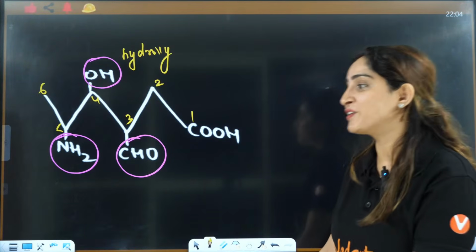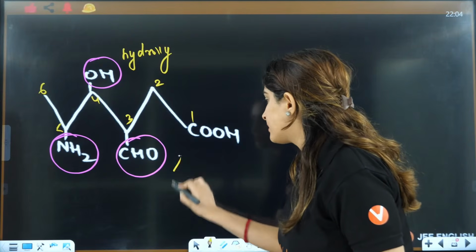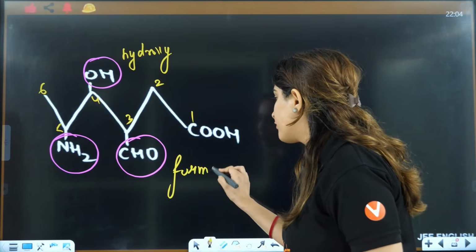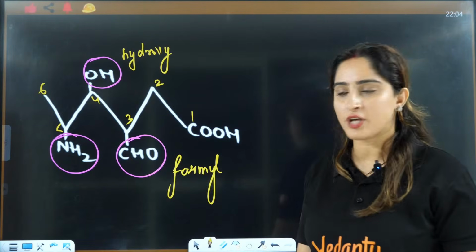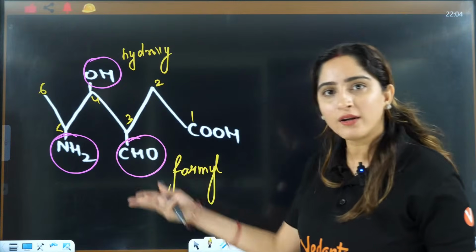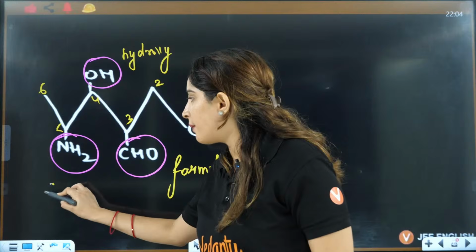Yes, very good. Formyl. This is formyl. Why is it excluded from the parent chain? This carbon is not there in the parent chain. And here this will be amino.